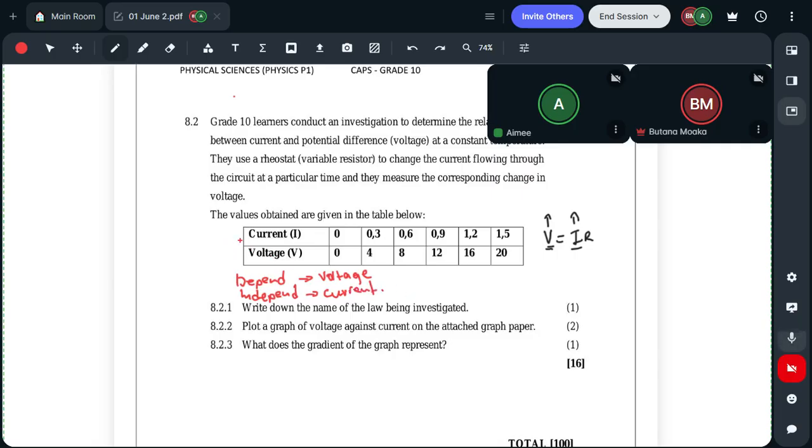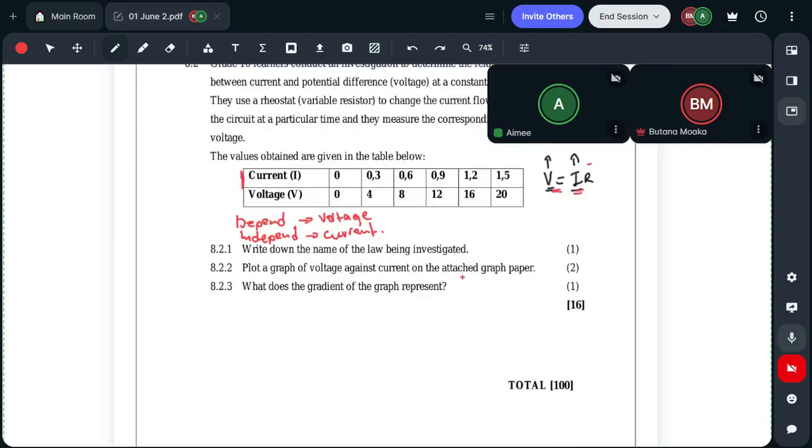So when you draw your graph, it will be a straight line graph, because as the voltage increases, the current increases. So it will be a straight line graph. You understand? Yeah.